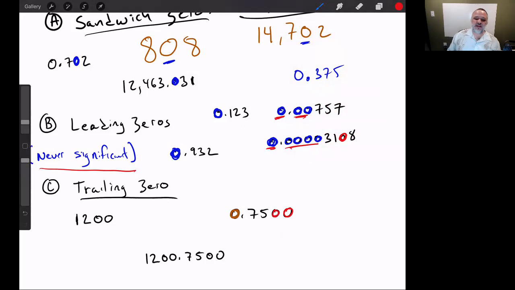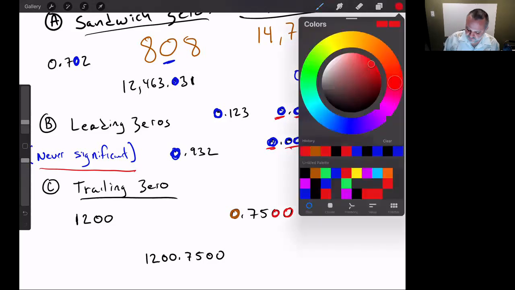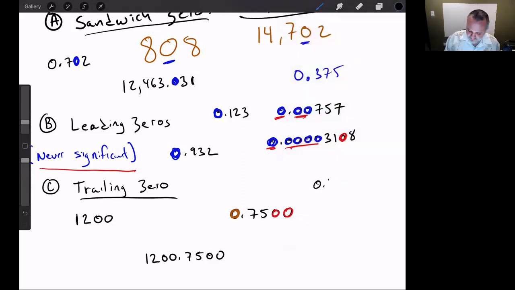And the reason that they're significant is because they don't actually need to be there. I know that's sort of a weird thought to have, but bear with me for just 1 second. I could have written the number like this. It's the same number as 0.7500.